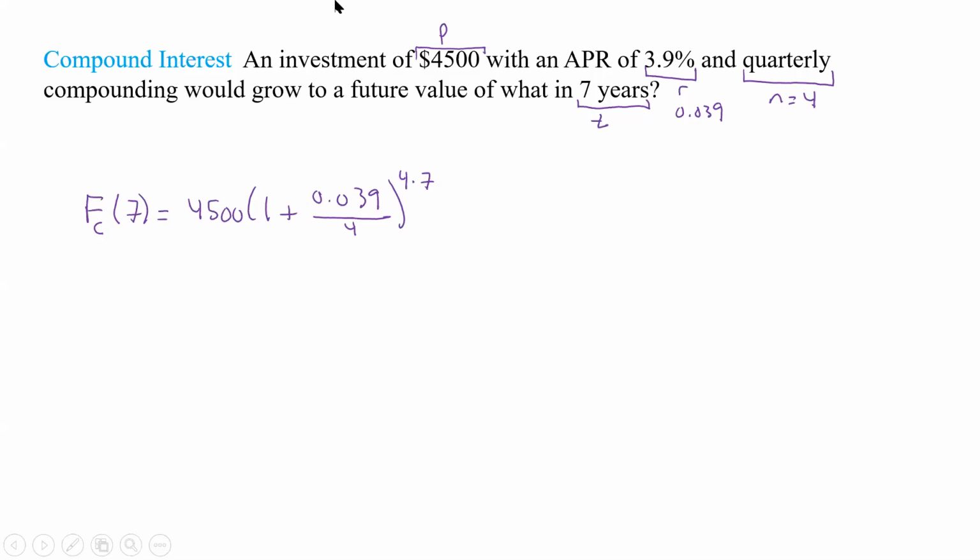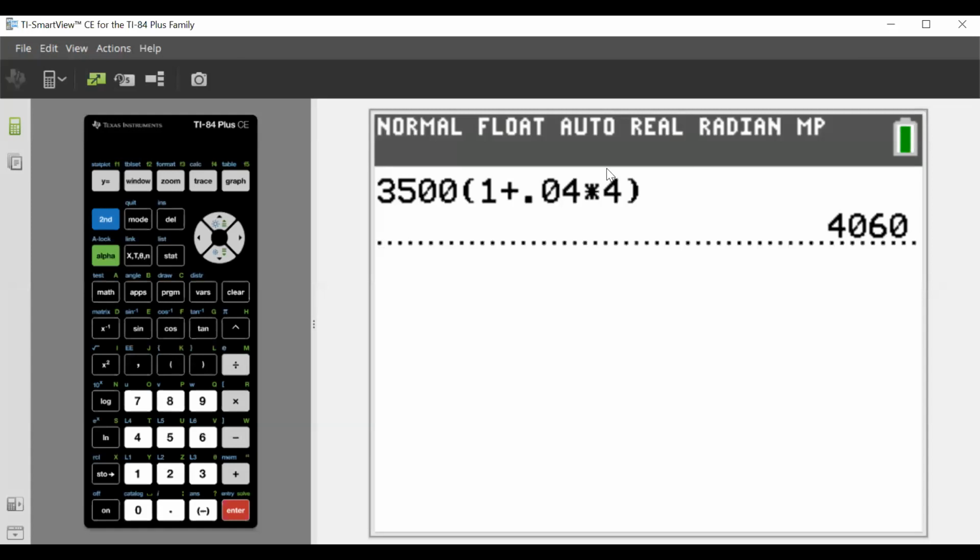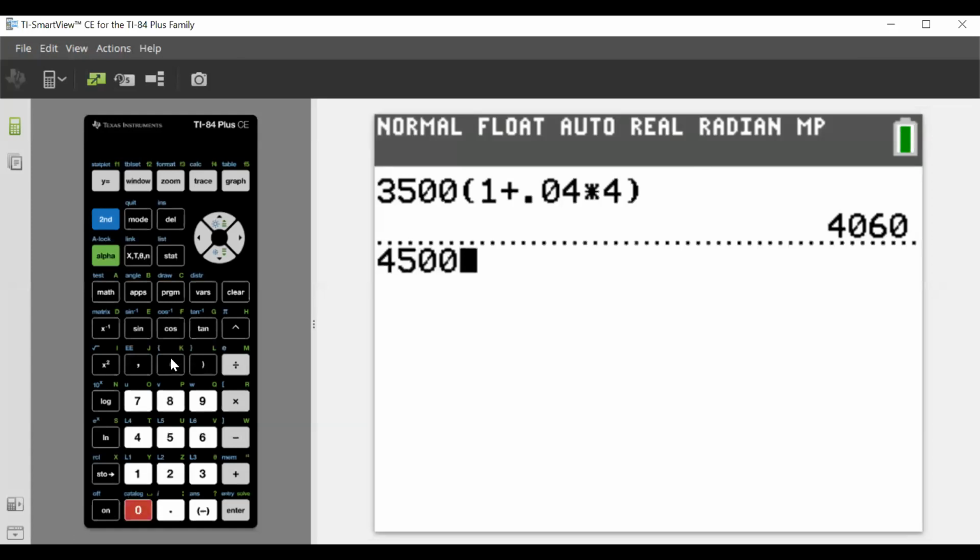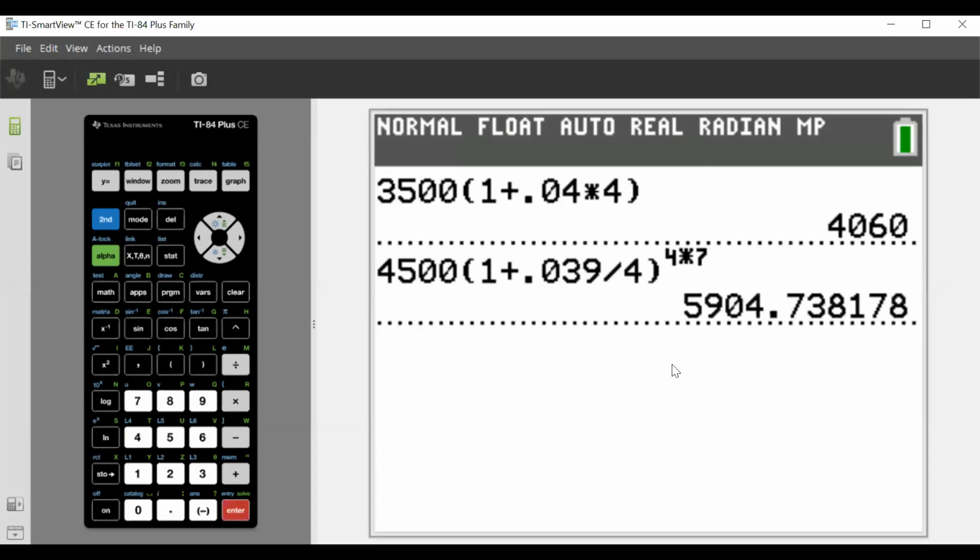All right, so now we have, that was the simple one. Now we're going to compound, so it's going to be 4,500 times 1 plus 0.039 divided by our n, which was 4, and then that's going to be raised to the power of 4 times 7 years, and so that should give us the value we need. So $5,904.73, 74 cents will go, because that's going to round up.